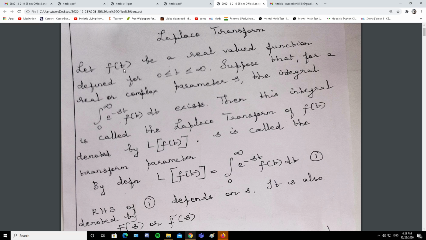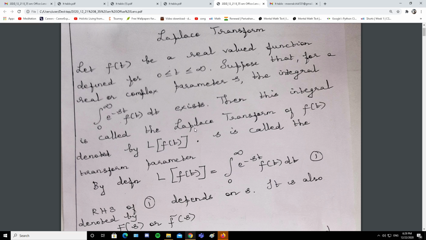So we are taking a real valued function f of t. We are multiplying it with the kernel e power minus st, where s is a real or complex parameter. The product is integrated with respect to t, varying from 0 to infinity. If such an integral exists, it is called the Laplace transform of f of t, denoted by L of f of t.